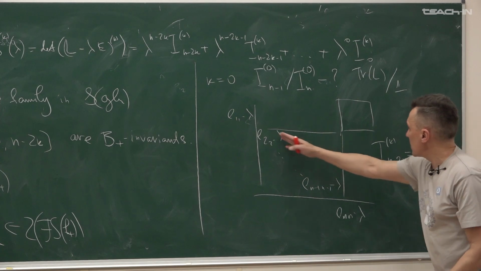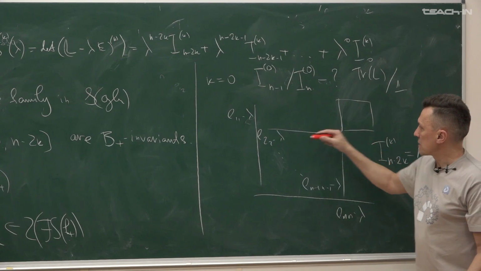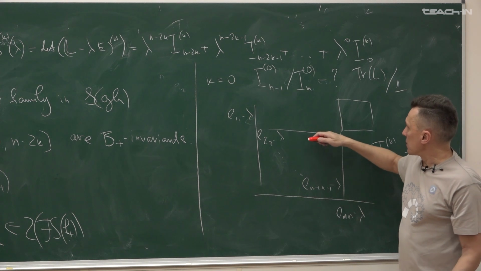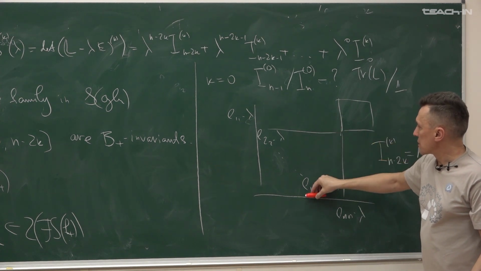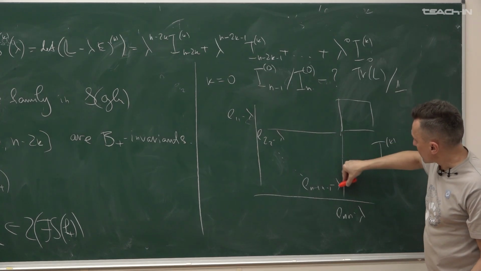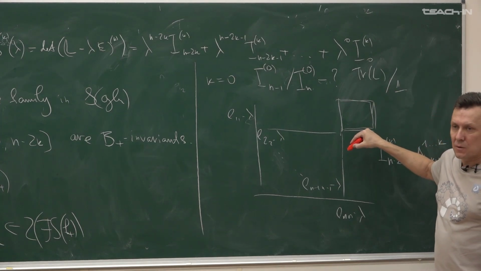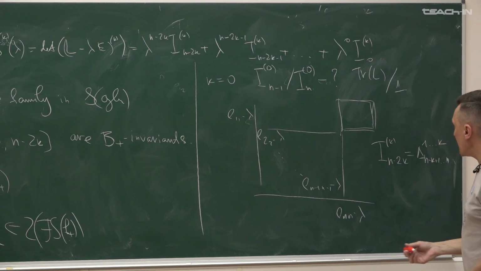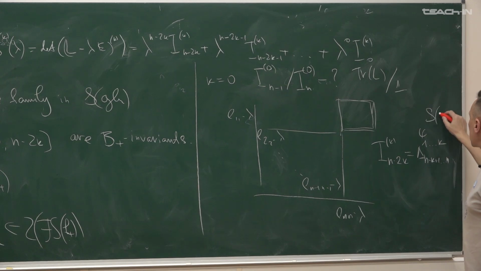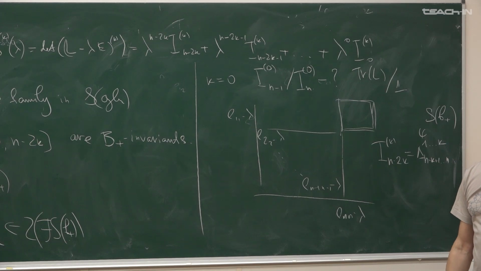So the highest power of lambda means that we have chosen all lambdas on the diagonal, and it means that they subtracted all these lines and all these columns. We multiply this product of lambda only by the determinant of this corner. Okay? And it is obviously an element of S of B plus. It contains elements only from B plus.